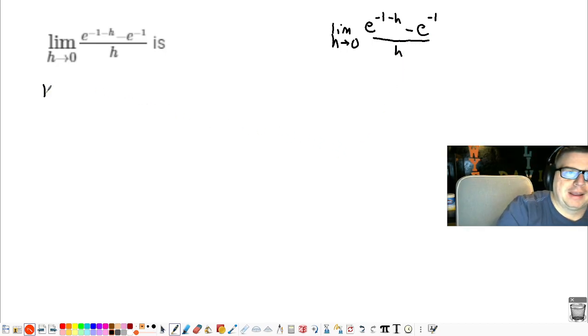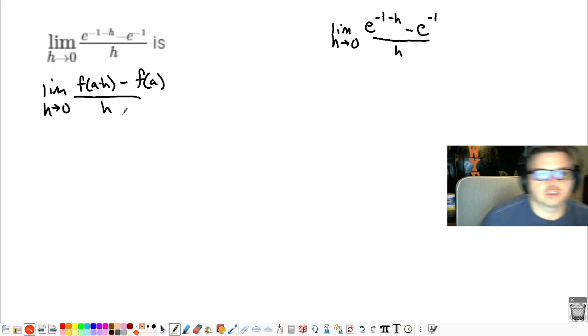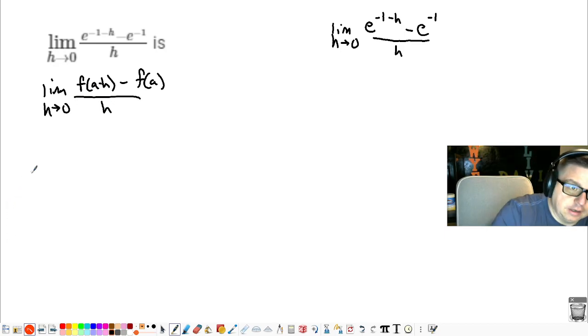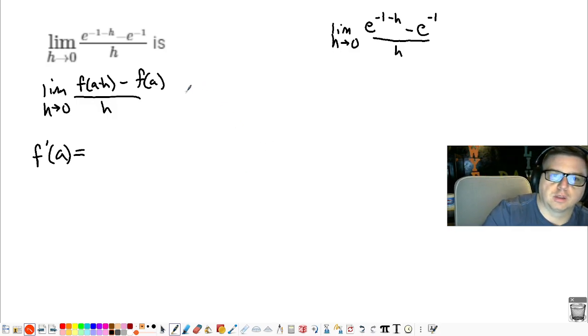Do we remember back in the day the limit as h approaches 0 of f of a minus h minus f of a over h is really just trying to do this. At the end of the day, that's what it's trying to do. Actually, we can do this. Set it equal to this.